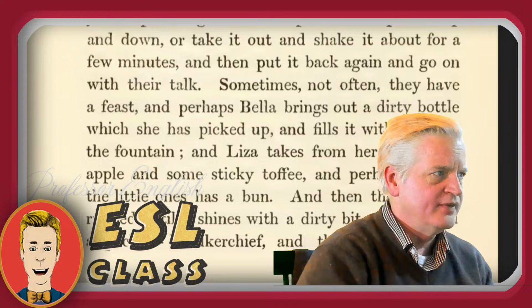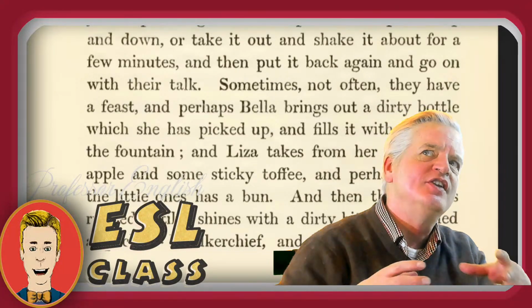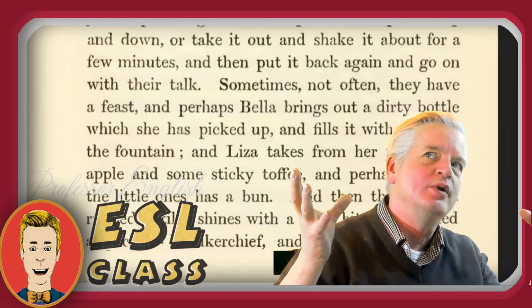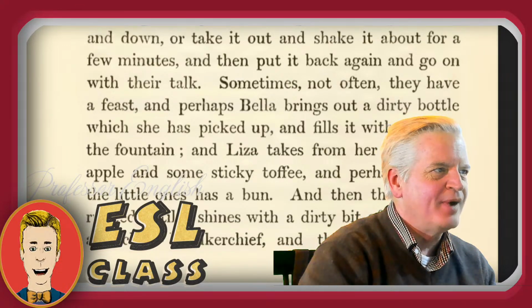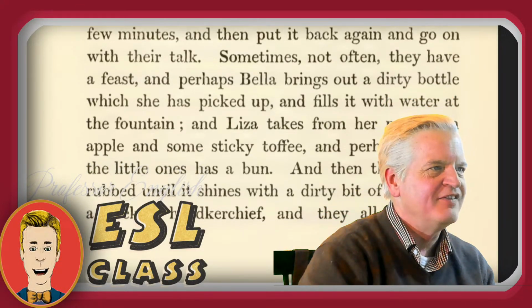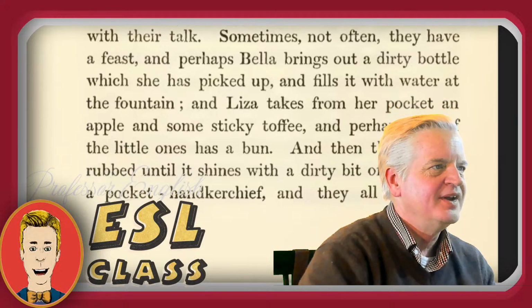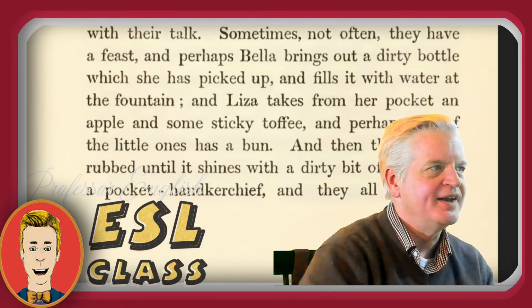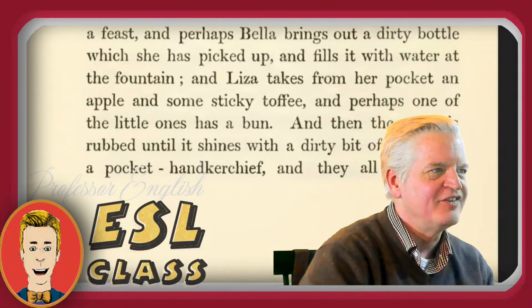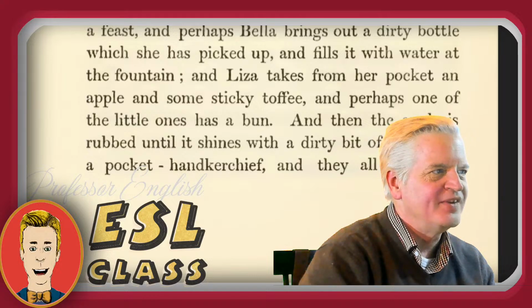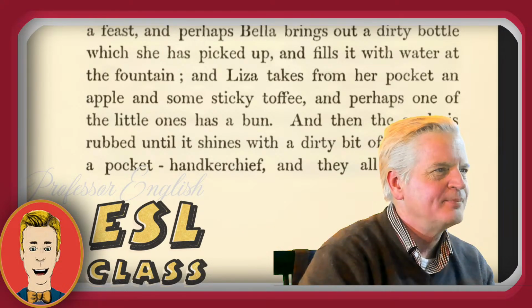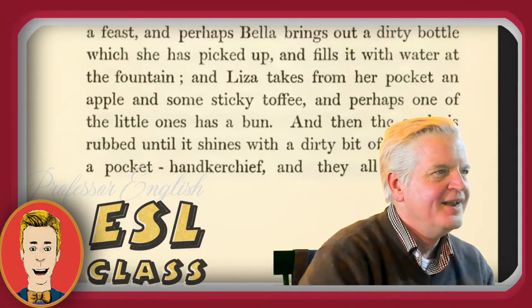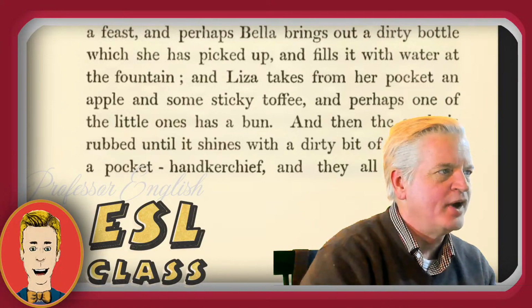Sometimes, not often, they have a feast. A feast is like a party with a lot of food. And perhaps Bella brings out a dirty bottle, which she has picked up, and fills it with water at the fountain. And Liza takes from her pocket an apple and some sticky toffee, and perhaps one of the little ones has a bun.